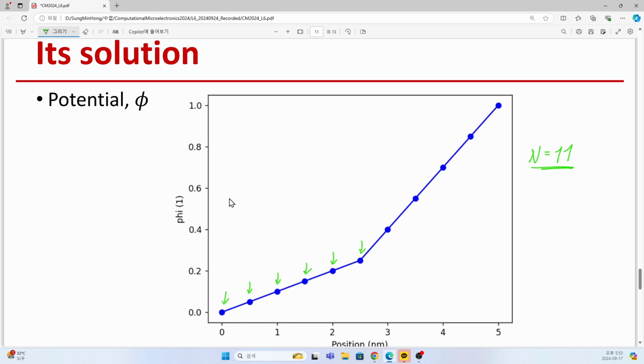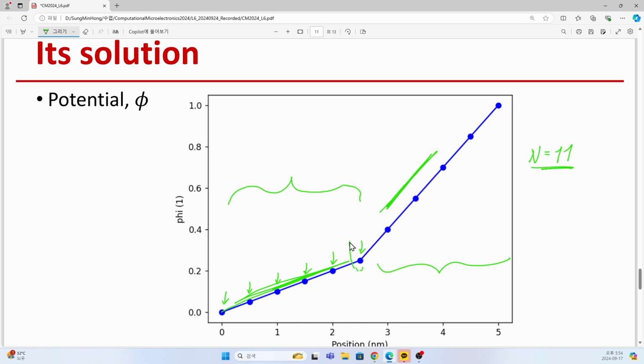And as you can see, up to 2.5, corresponding to the silicon, you have a relatively lower slope, not very steep. But at the point corresponding to the oxide, you find that the slope becomes steeper.